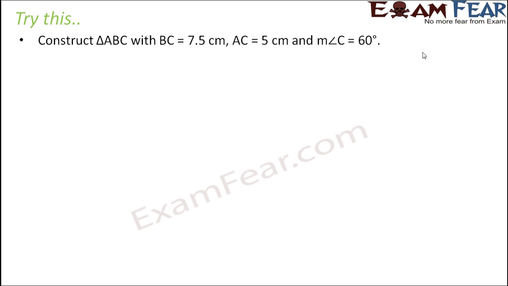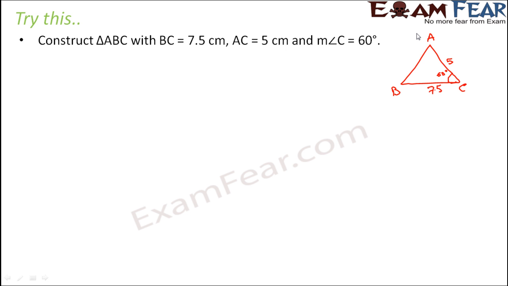Let's say you have this triangle A, B, C. Whenever you do this rough sketch, make sure that the side which you draw at the base is the one whose length is given, because if that length is not given, you cannot draw that line first. In this case, BC is already given as 7.5 centimeters. Angle C is given as 60 degrees and AC is given as 5 centimeters.